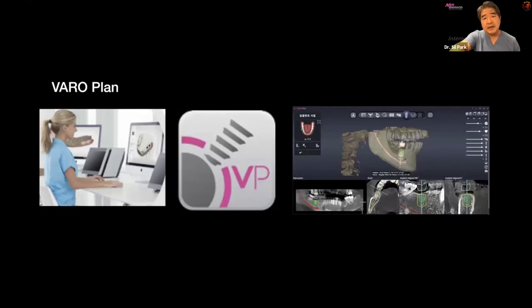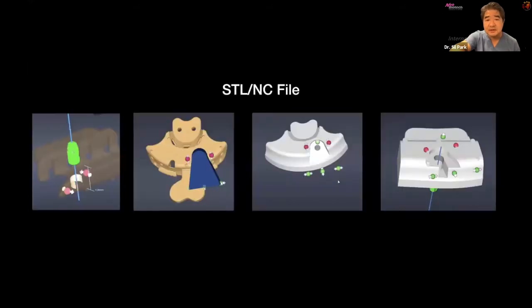So now that CBCT information, DICOM information, we transfer to the VARO plan, and then in VARO plan, as you can see, we can make the plan. So that software is very simplified and very user friendly. In this case, you can also change the design, or modify the design of the guide itself.